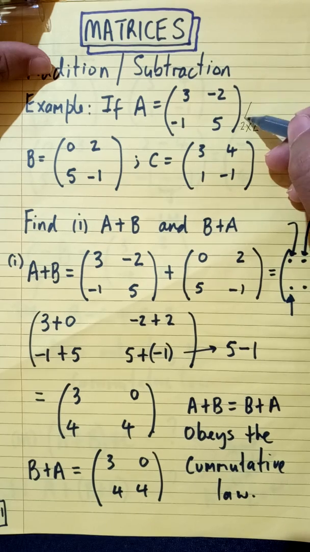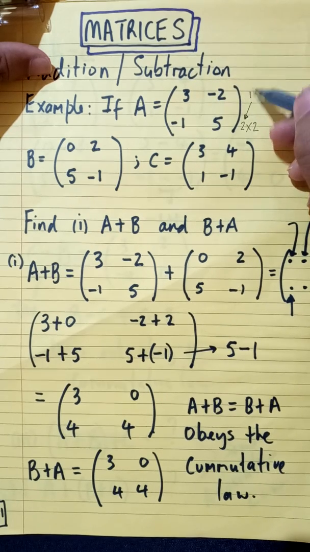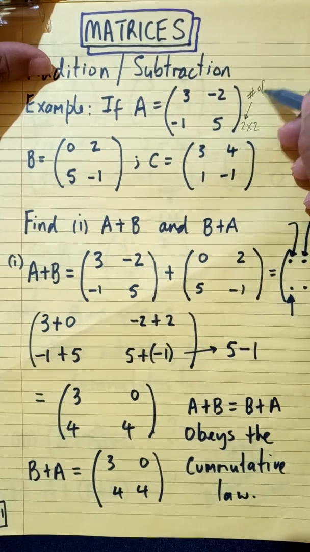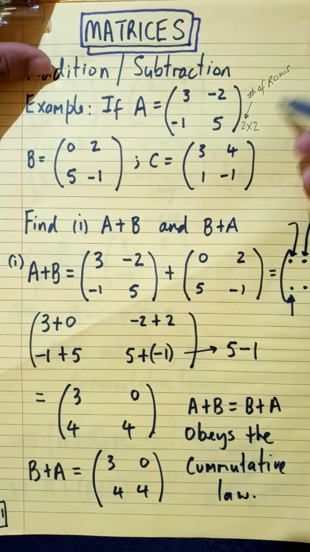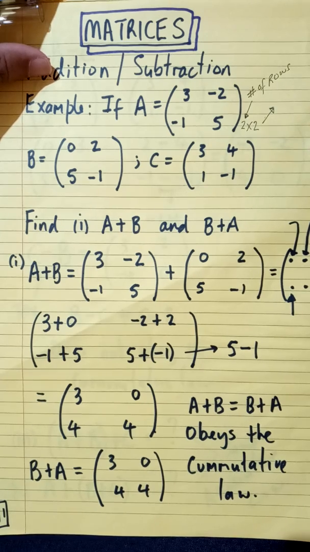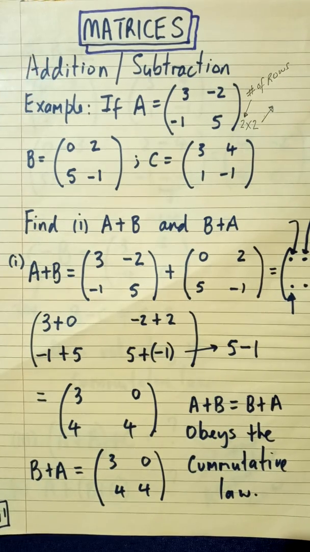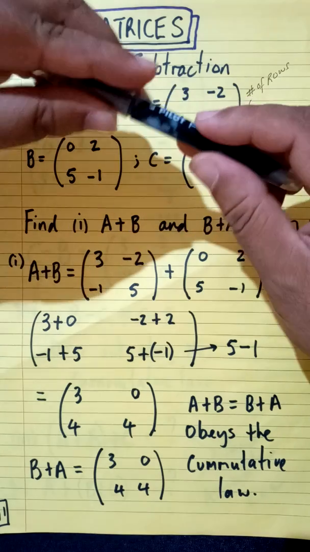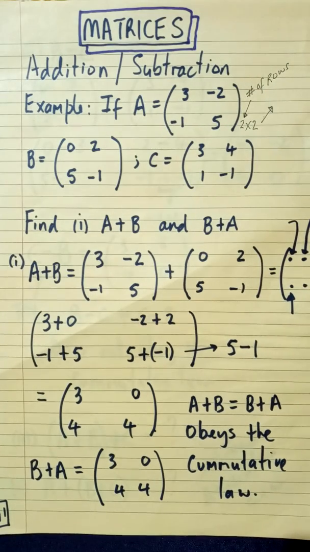The first number tells us the number of rows, and the second number tells you the number of columns. We could go into types of matrix: square matrix, null matrix, unit matrix, and all those kinds of things, but I'm just going to skip through that.